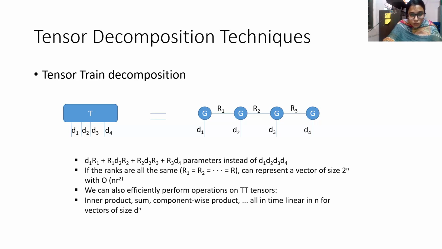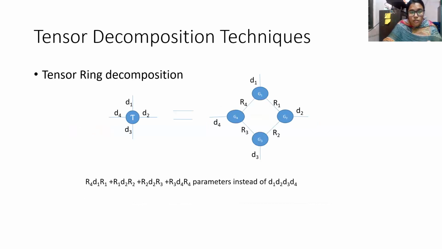Okay, so here we described what happens if we decompose a tensor which has multiple axes. In tensor ring decomposition, there are four axes, and when we decompose it, we will get G1, G2, G3, and G4.